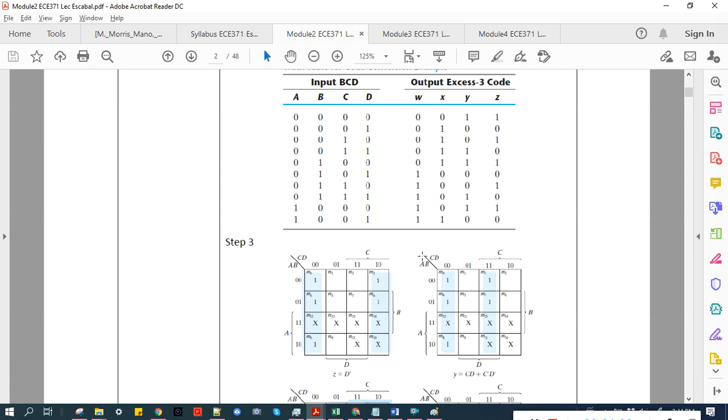So we will put 1 in the K-map where the output is 1.